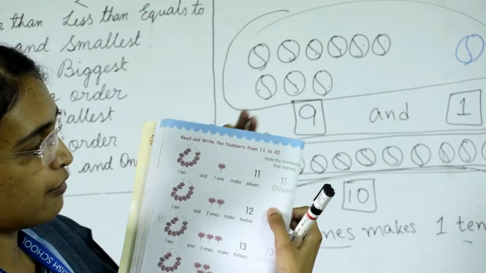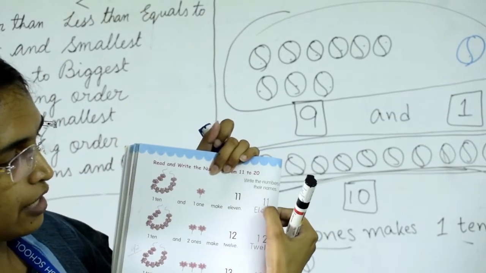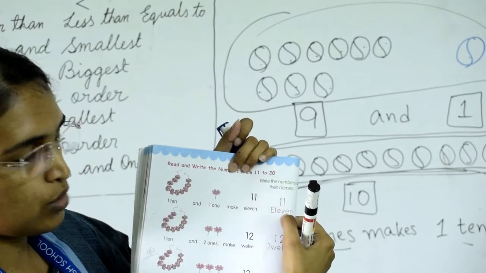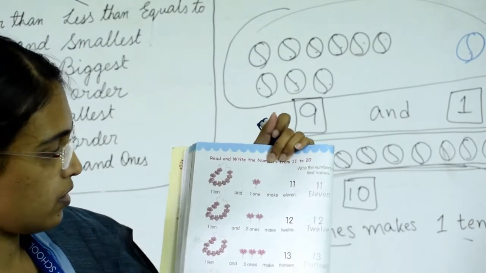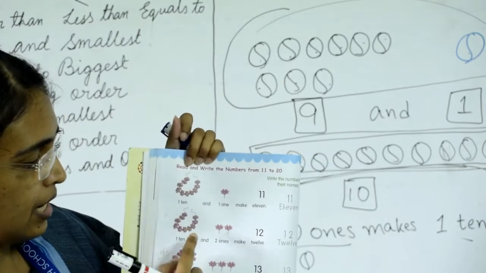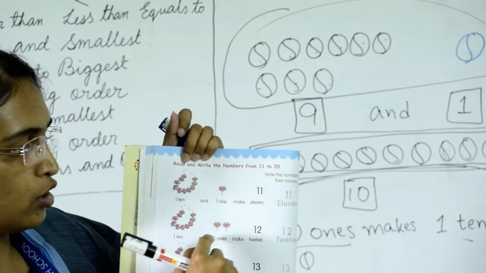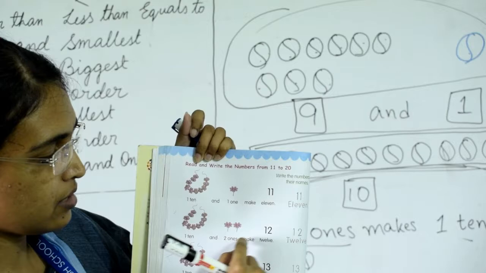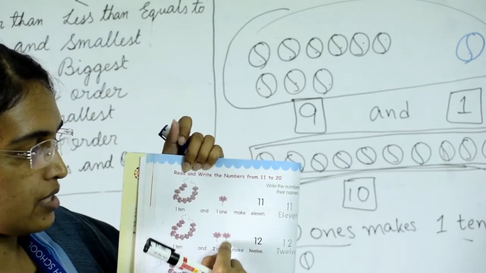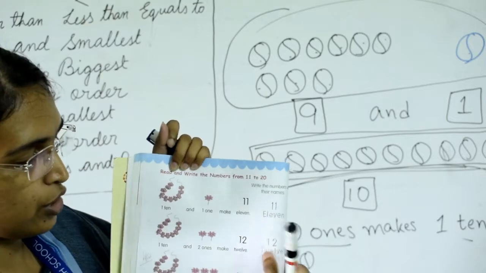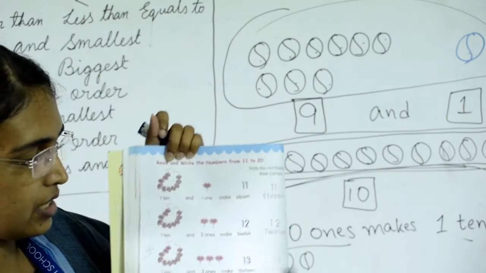So here you have to trace the number 11 and write the spelling of 11, okay? Then 110 plus 2 more flowers, that means 12. 1 10 and 2 ones makes 12. So you have to trace the number 12 and write the spelling.